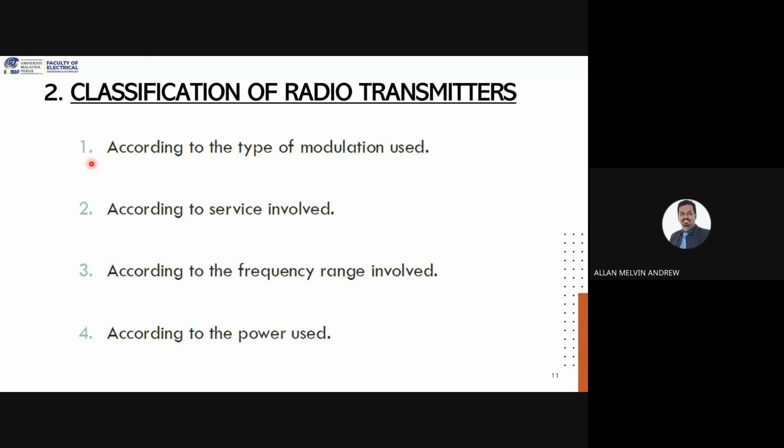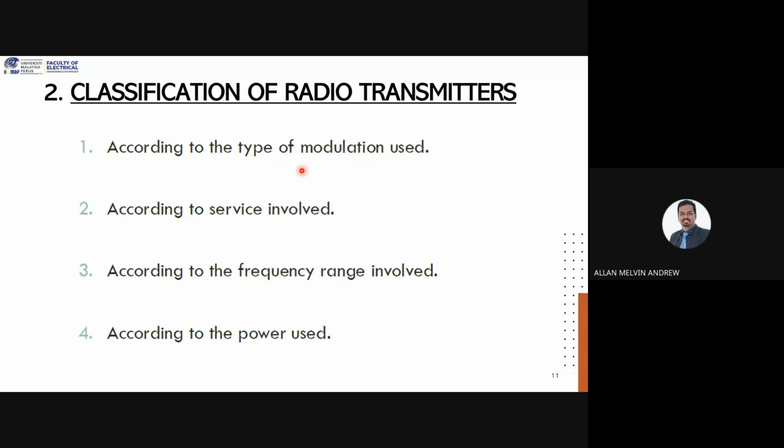Then we will enter the second part, the classification of radio transmitters. So how are radio transmitters classified? We will see here different types of radio transmitters. Usually the first class will be according to the type of modulation used.